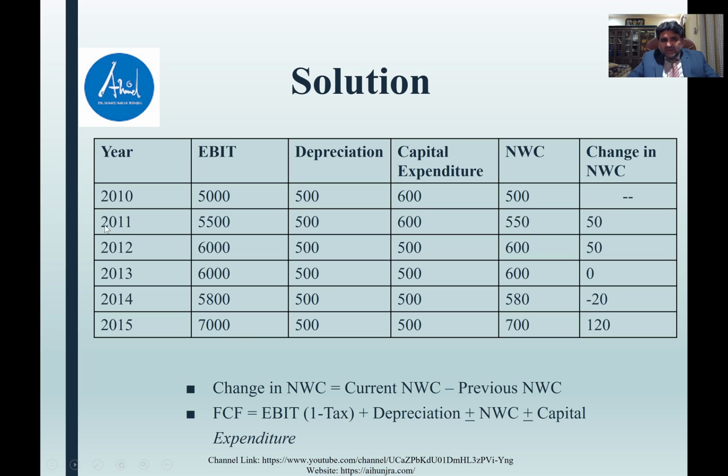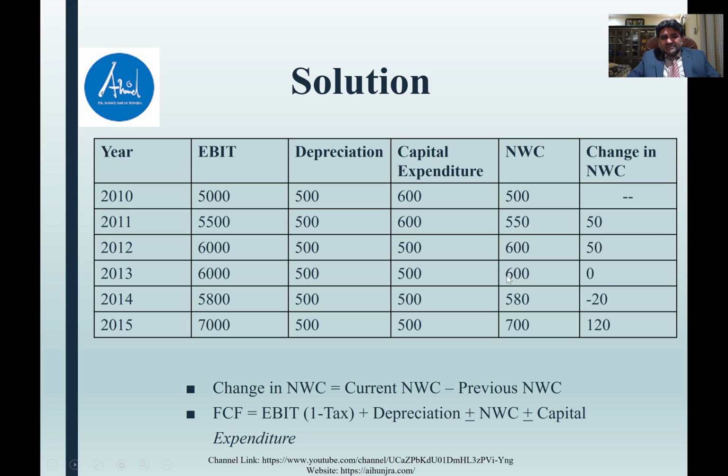We are determining 2011, so 550 minus 500 is plus $50, whatever the unit is, dollars or rupees. For the next year, we find the change in net working capital in 2012: current year 600 minus 550, the value is 50.